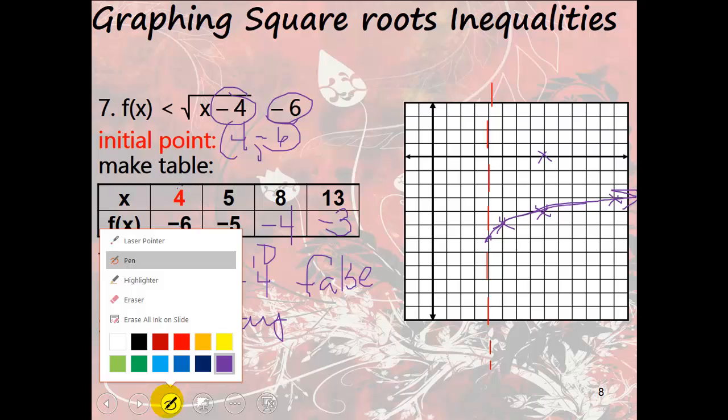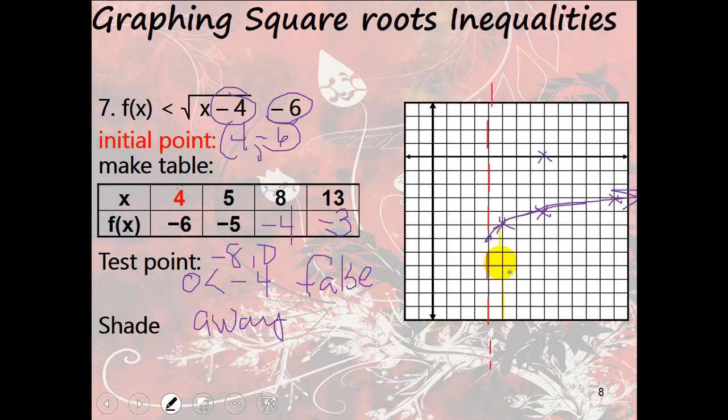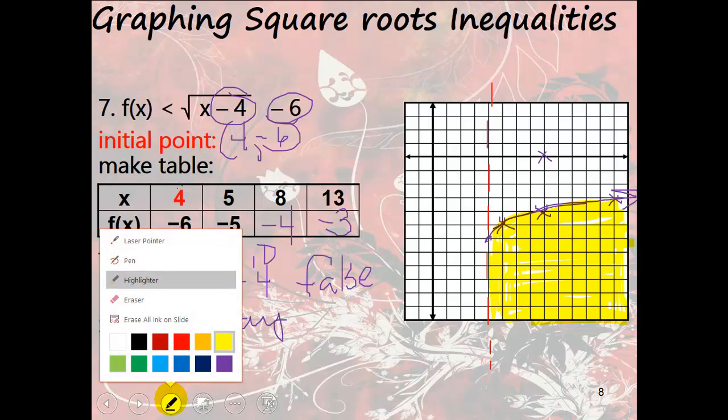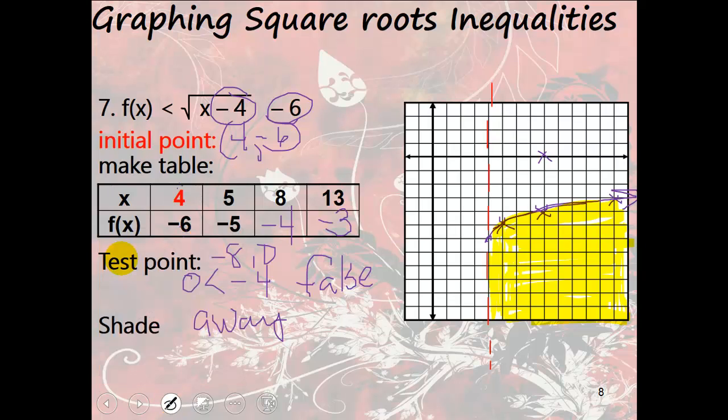So I'm going to shade down here, and I'm going to be careful not to shade to the left of my red line that I drew there. Okay? And then this line here should also, because this is an exclusive situation, I'm going to do this in red. This should be a dashed line, just like we did before. That's a dashed line.